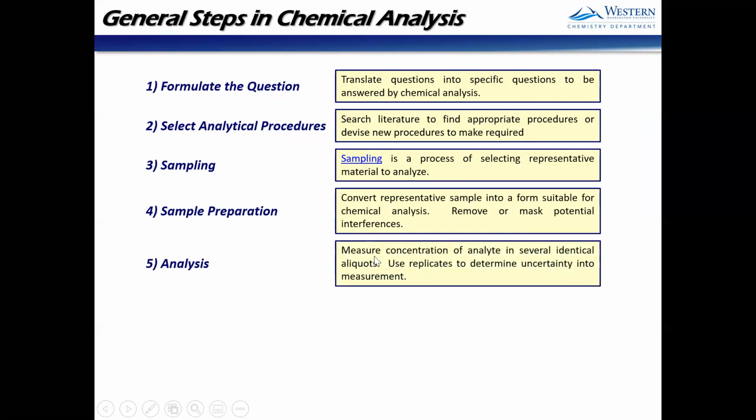Either you want to measure the concentration or analyze the identity, or you run another instrument to figure out what elements are inside, right? So you do the analysis. And really important is that the analysis needs to have replicates. The reason is you don't want a one-time measurement and say, I'm 100% sure this is correct.